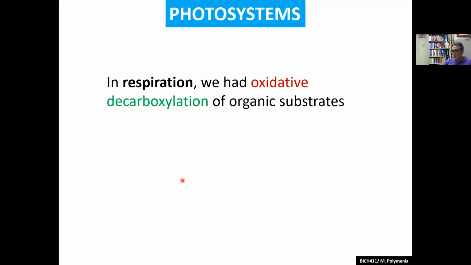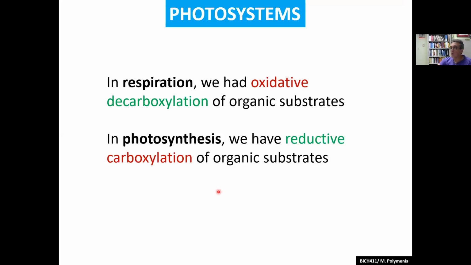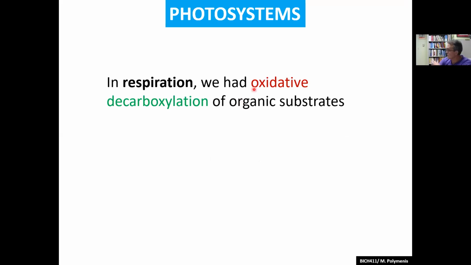In respiration, we had oxidative decarboxylation of organic substrates, right? We lost the CO2, let's say in the TCA cycle, and we took out the electrons, so that they found their way onto NADH, which was then fed into respiration, and we got ATP. But during that process in the TCA cycle, electrons were sucked out of these substrates, and they got decarboxylated.